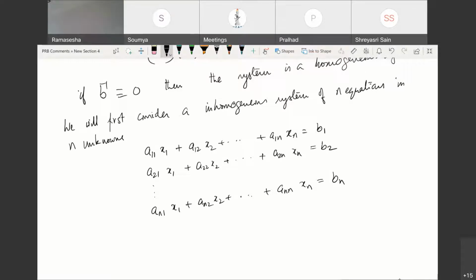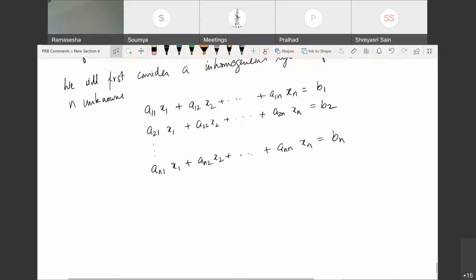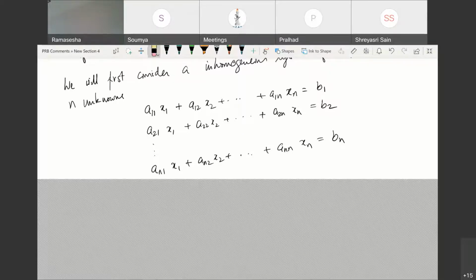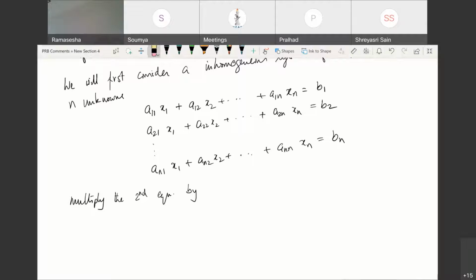What I'll do is I will multiply the first system, multiply the second equation by C21 and add to first equation.